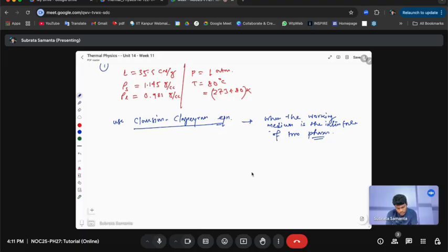So in the problem, we use this Clausius-Clapeyron equation to calculate the melting point.